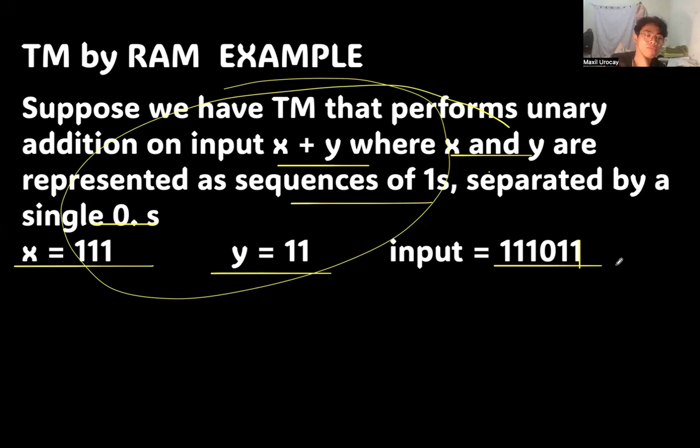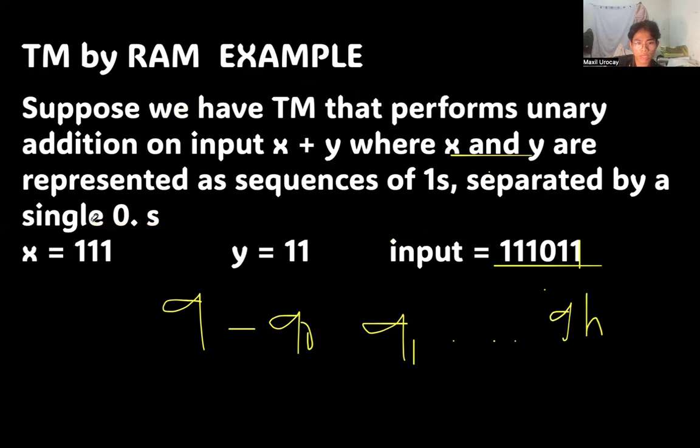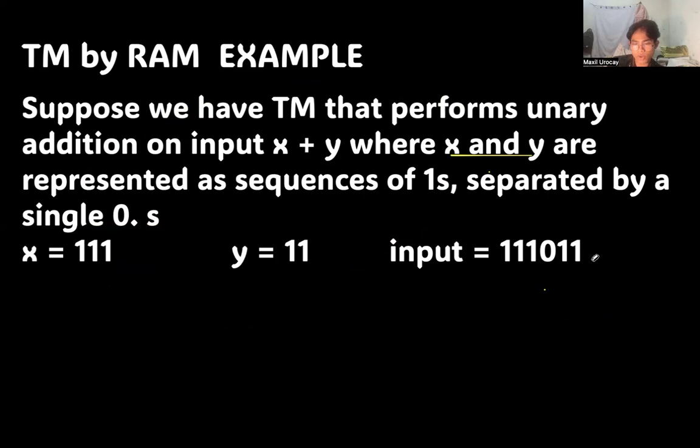So we will follow the algorithm and the states. Our states include Q0, then Q1, and so on, including QH, which is our halting state.